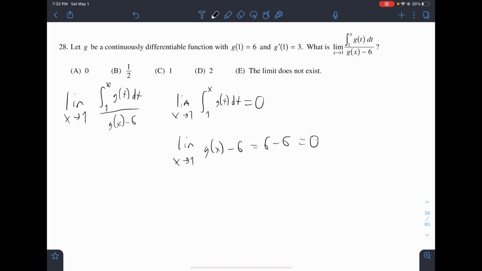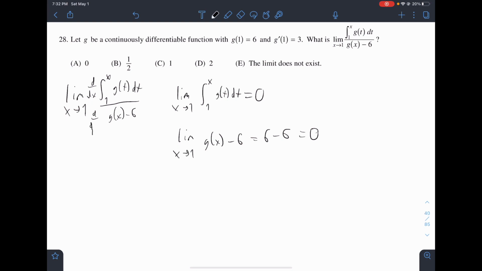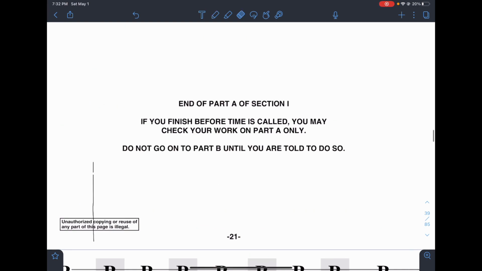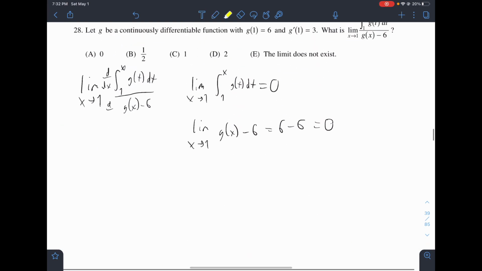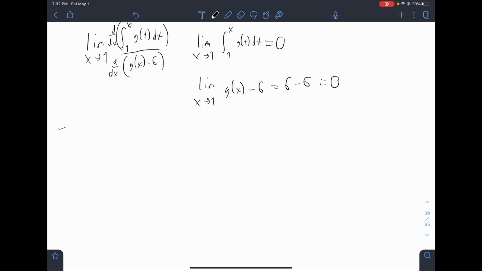Since we have a 0 over 0 case, we can use L'Hopital's rule and differentiate both of these. So this will be equal to the limit as x goes to 1.